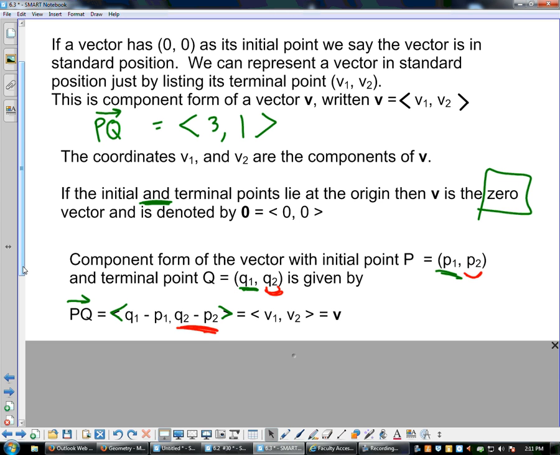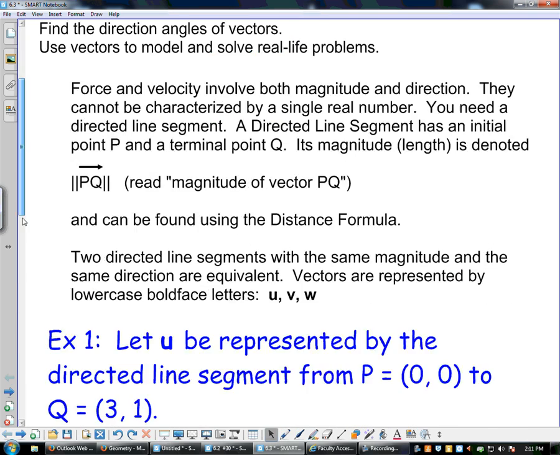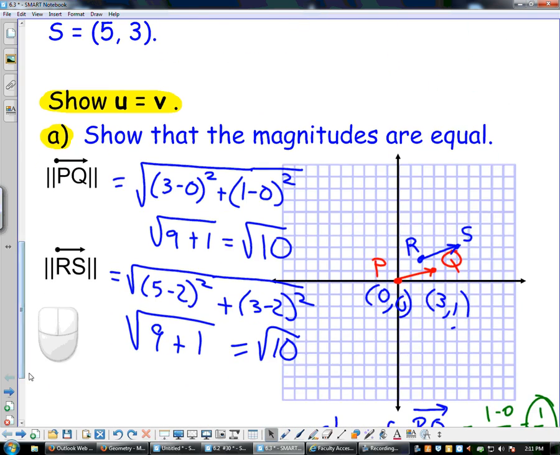So my point is, if we wanted to put vector RS in component form, remember it's going from 2, 2 to 5, 3, was that correct? Yeah. Component form for this, we would just do 5 minus 2.